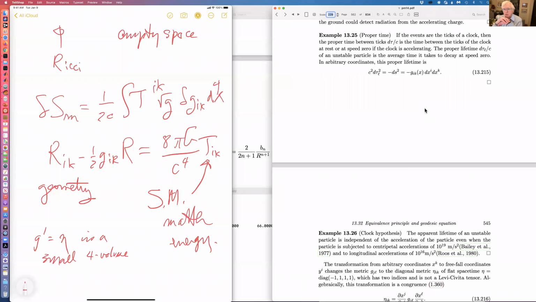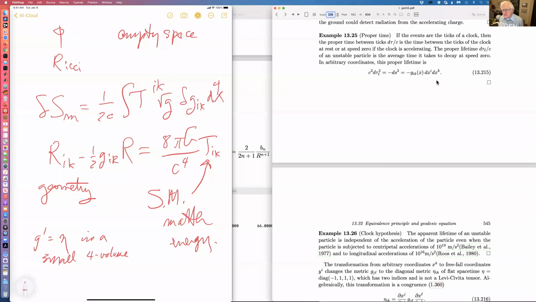What we think about here is proper time, for example. This is the proper time in the coordinate system in which the speed of the particle is 0. And there you have c squared dt squared, which is minus ds squared, which is then minus g_ik dx^i dx^k.